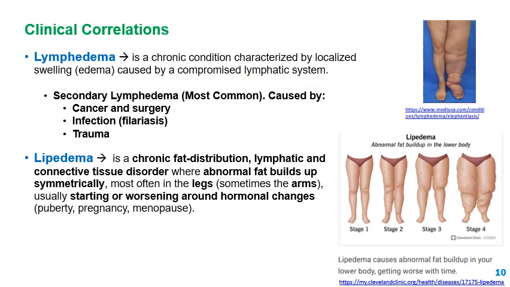All right. So here are some interesting clinical correlations on problems that can happen with the lymphatic system in general. The first problem that you see here is lymphedema. Have you heard of lymphedema? Main causes of lymphedema are secondary causes.